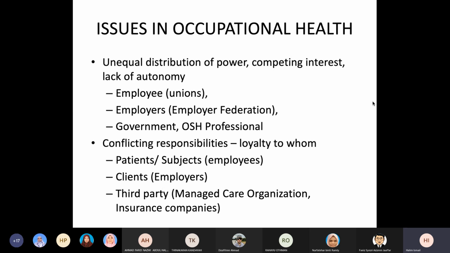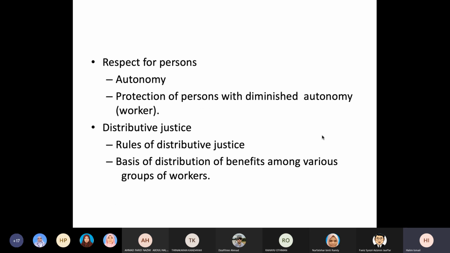Then conflicting responsibilities, as I mentioned, loyalty to whom? Either to the patient, client, or the third party managers. Okay. In terms of respect for person, in terms of autonomy and protection of persons with diminished autonomy, which is the worker. We know that under the 4 pillars of medical ethics, you have to uphold patient autonomy, right?